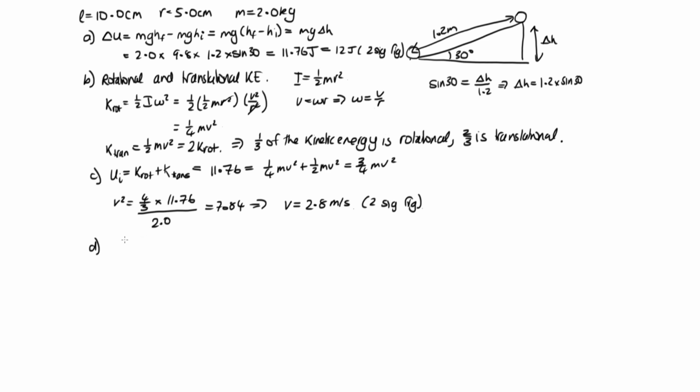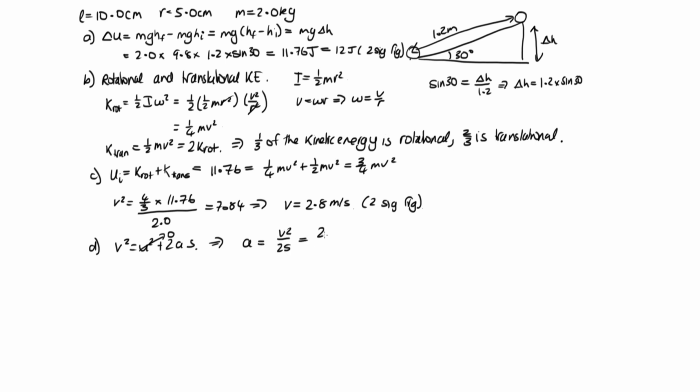So because the acceleration is constant, we can use our kinematic equations. And one of those is v squared equals u squared plus 2as. In this case, the initial speed is 0. So we've got v squared is equal to 2as. And so rearranging this for a, we have a is equal to v squared over 2s.